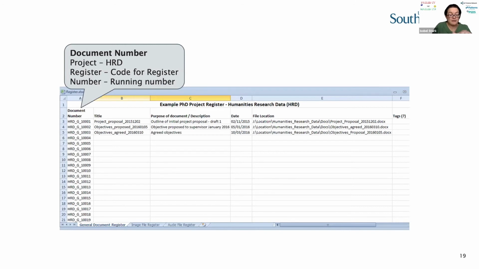Now, here I've got an example because somebody very kindly sent it to me from Humanities at the University of Southampton. Again, the subject matter does not really make a difference. I have also seen chemists who have used this regularly to keep on top of all the files that they're creating.